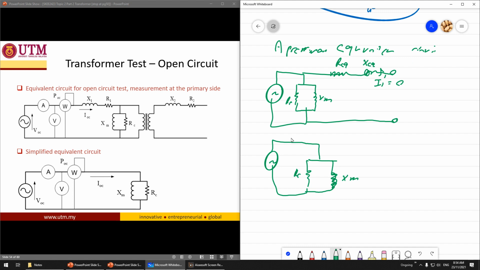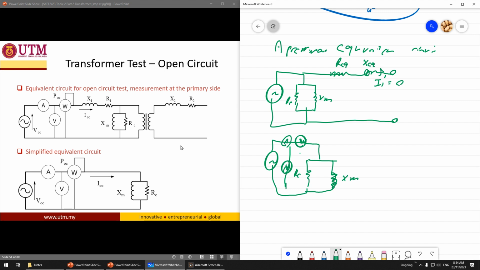So how to do this? You need an ammeter, you put the ammeter here. You put a voltmeter here, and then you could put a power meter, a wattmeter. So basically you just put three meters at the input, at the primary side. You can get the current, the voltage and the power.